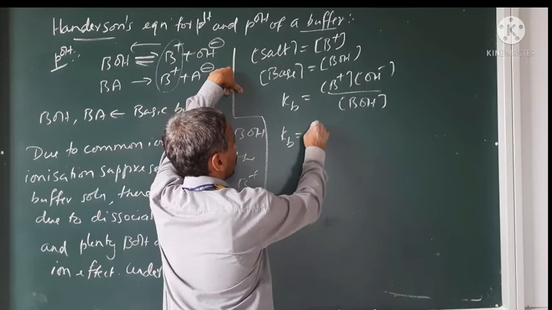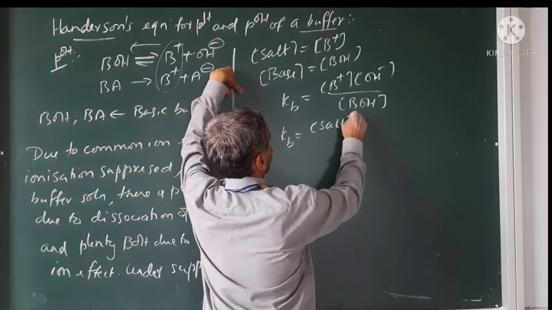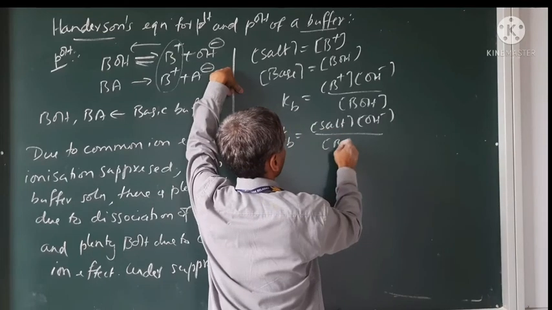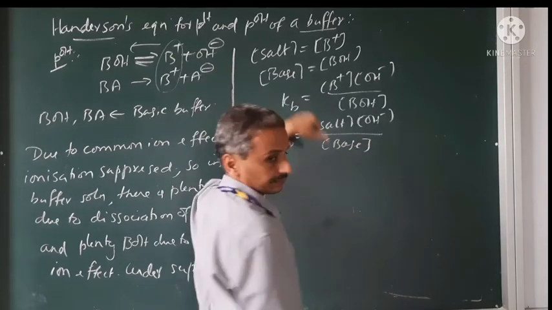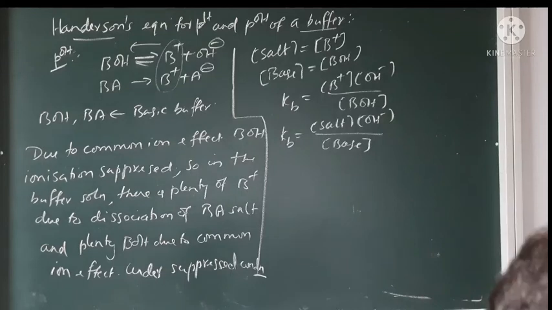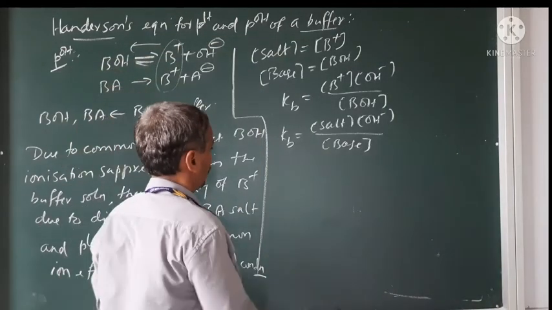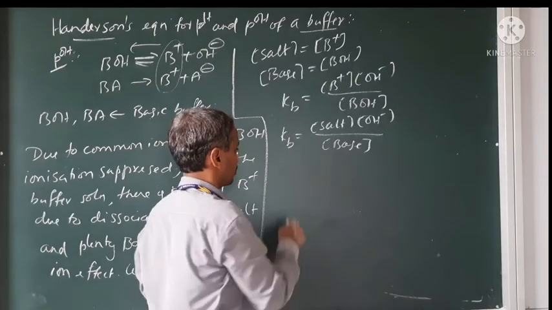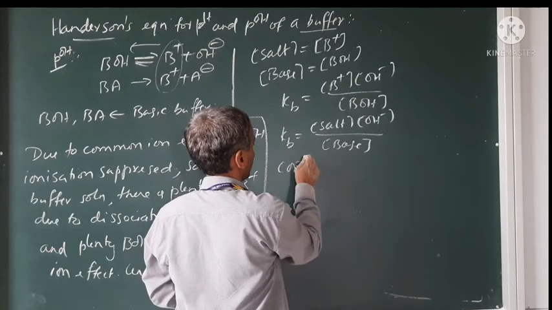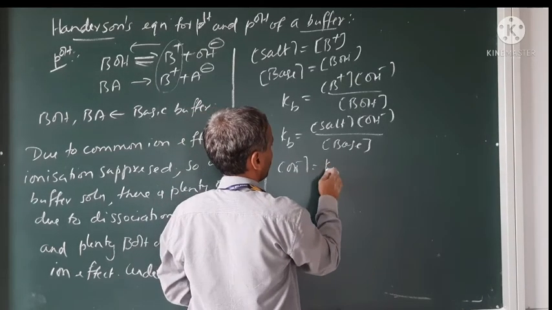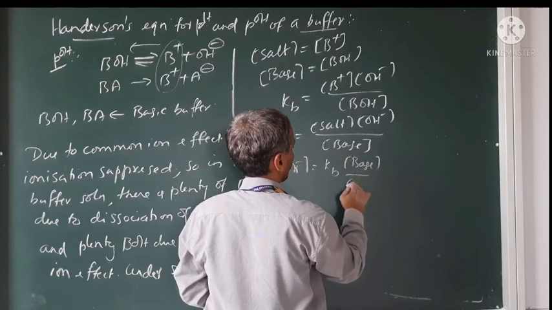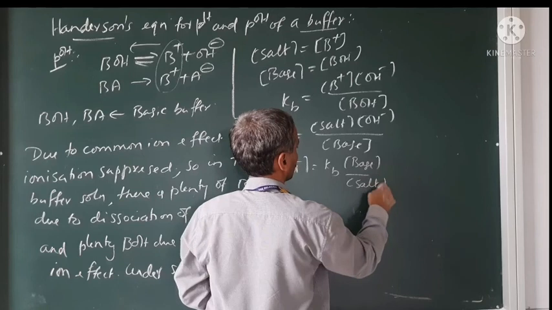Kb is equal to salt concentration into OH minus concentration divided by base concentration. Now, from this I can get the OH minus. So OH minus is equal to Kb into base concentration divided by salt concentration.